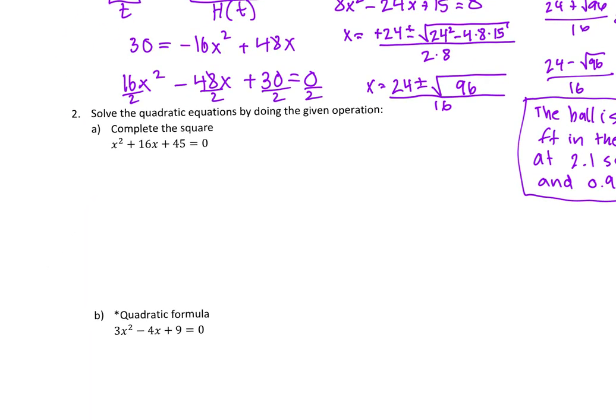Question 2 just has us solve the quadratic equation using two different methods. Now I am going to give you a little hint on these. When we are doing this problem, you will be given the exact same problem for completing the square and the quadratic formula.